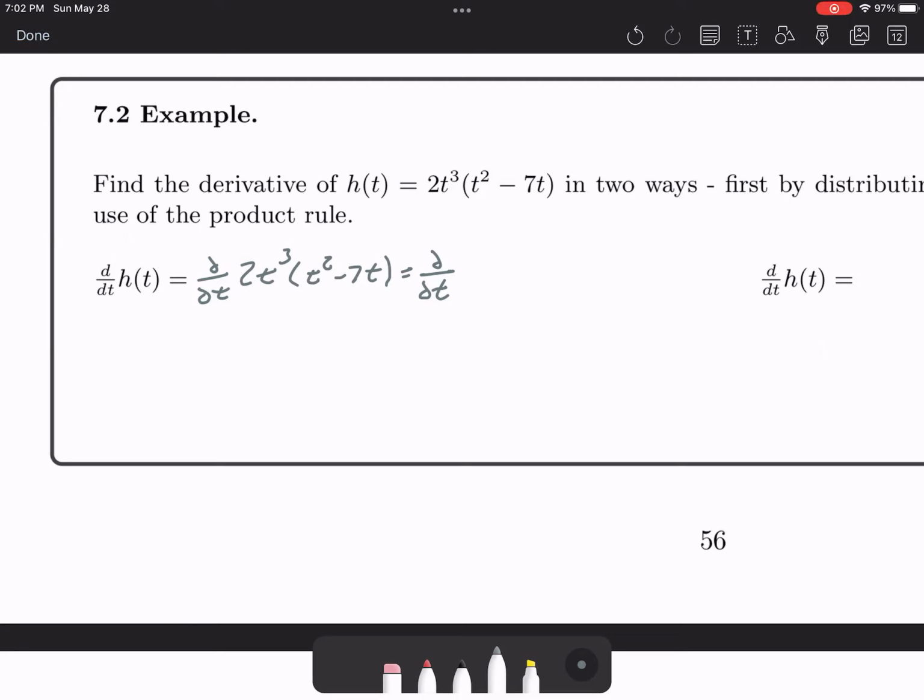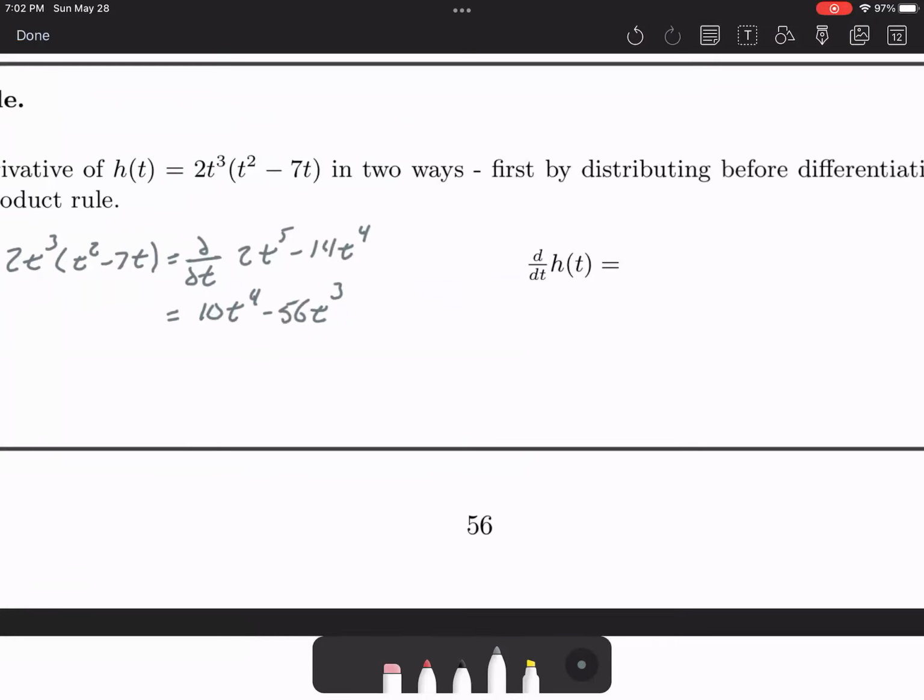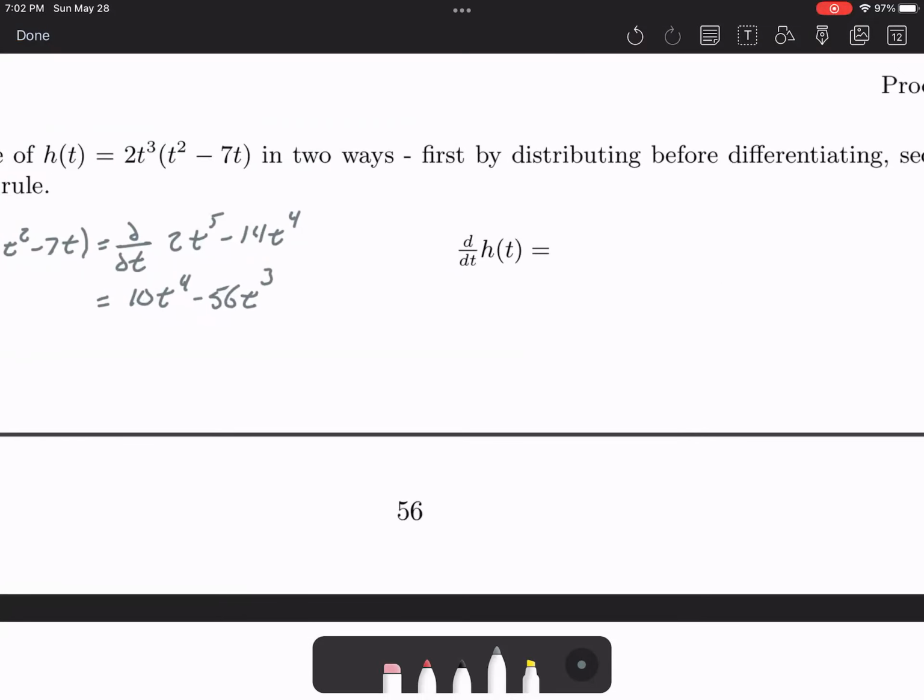So if I distribute the 2t cubed, I get a 2t to the fifth minus a 14t to the fourth. And now if we differentiate, we get 10t to the fourth, minus 14 times 4 times 2 is 28, 56t cubed.